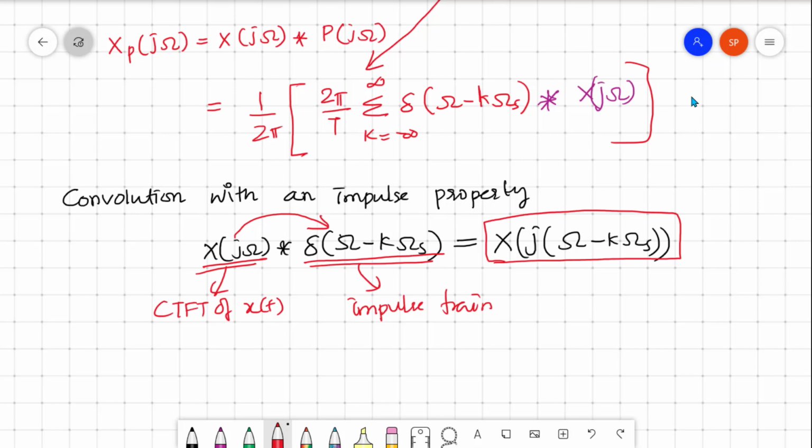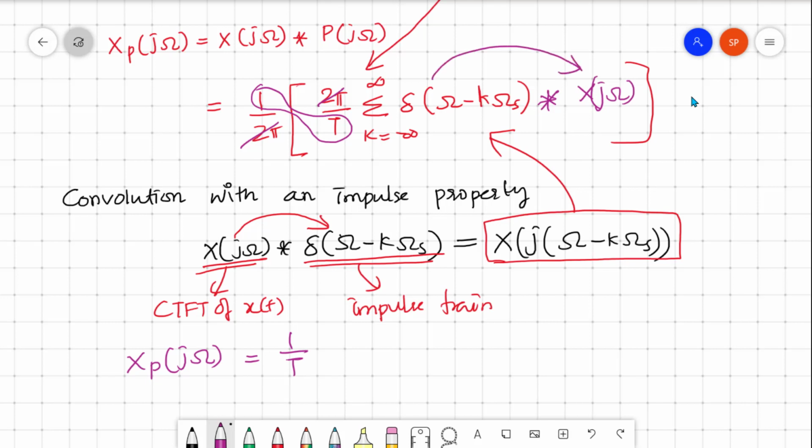So what happens if you substitute this result into this particular equation? We will get this 2 pi and this 2 pi cancelled, and we will get a 1 by T remaining. So we can say that Xp of j omega is equal to 1 by T into the convolution of this delta of omega minus k omega s and X of j omega, which will shift this X of j omega to the locations of these impulses, right?